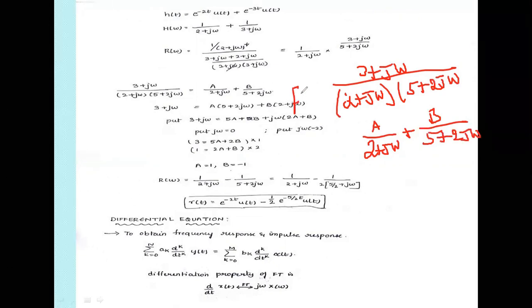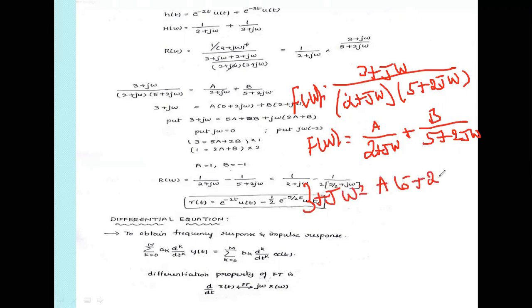This is nothing but F of omega as an input function. To find the A and B, 3 plus j omega is equal to A into 5 plus 2j omega plus B into 2 plus j omega. Compare the constant terms: 3 is equal to 5A plus 2B.